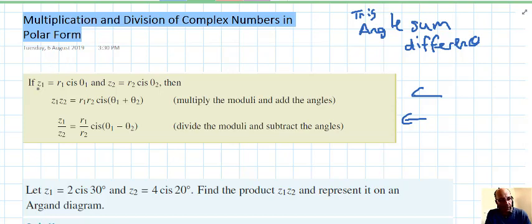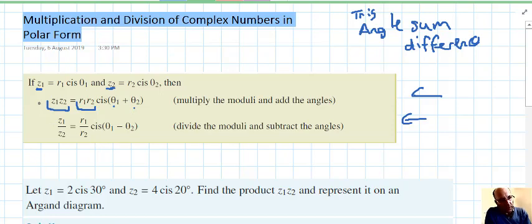If we have two complex numbers z1 and z2 in r1 cis theta 1, r2 cis theta 2 form, for the product z1 times z2, we multiply the two moduli, like the two magnitudes, and we sum the angles, so the two arguments are added.